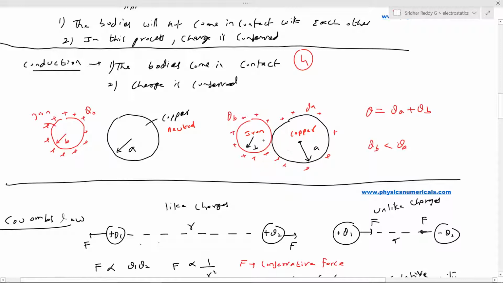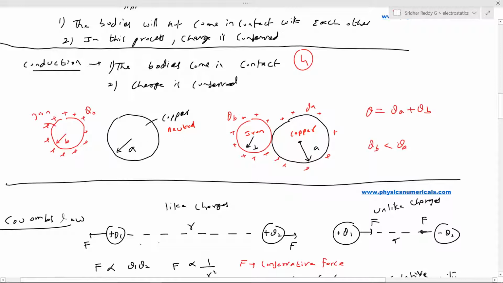The iron sphere had Q naught earlier, and the copper sphere had 0. Finally, what is the charge? QA and QB. So charge has to be conserved. The overall charge of the system should be conserved. Here we are just making the bodies come in contact. This is called the conduction process.